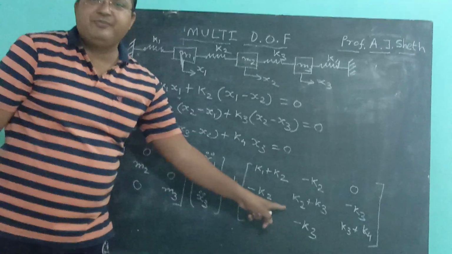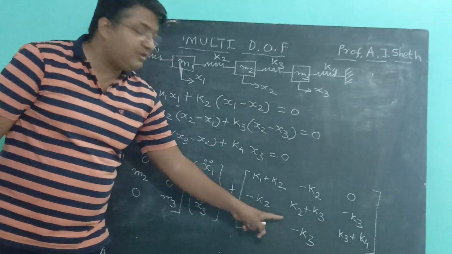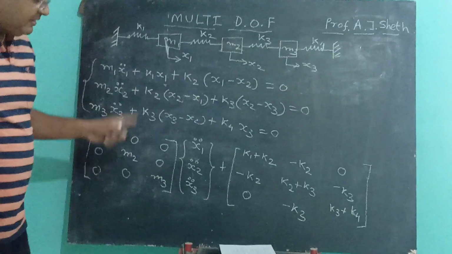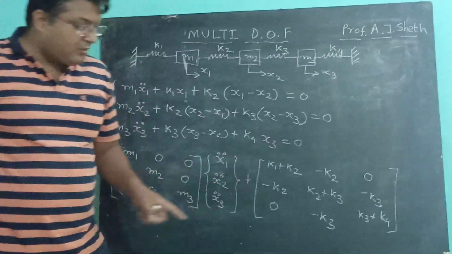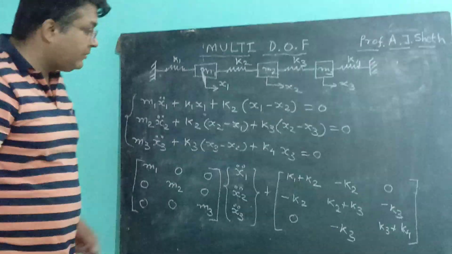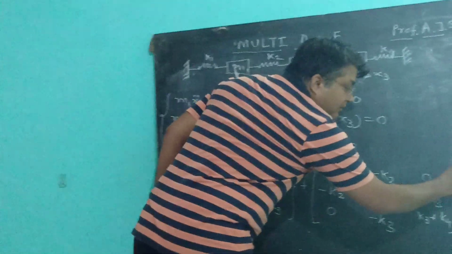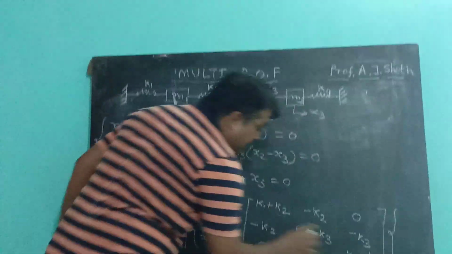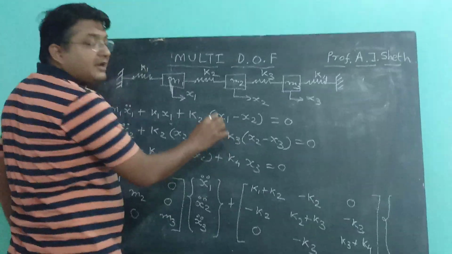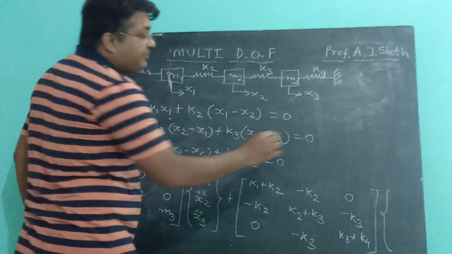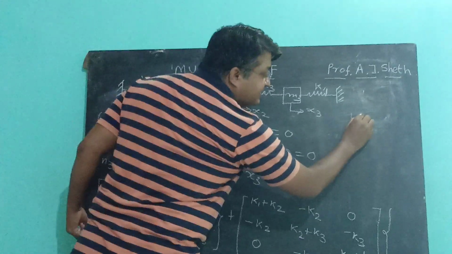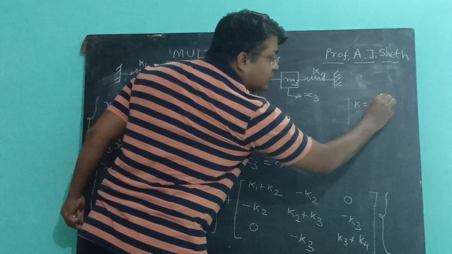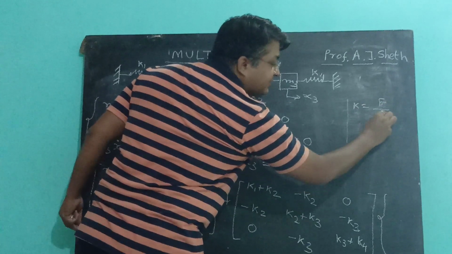Actually we can derive this with the help of stiffness influence coefficients, and the multiplier is simply displacement. Why? The definition of stiffness is force per unit deflection.